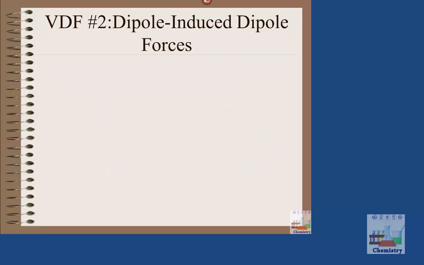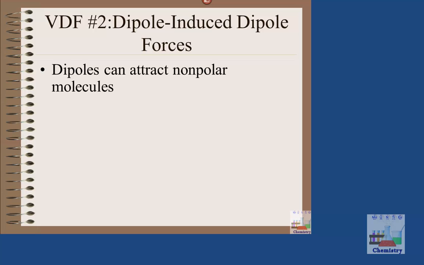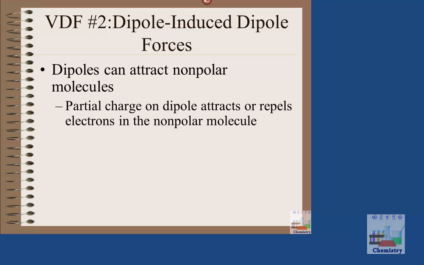The second van der Waals weak force is referred to as dipole-induced dipole forces. And what occurs here is your permanent dipole is able to attract nonpolar molecules. The way this occurs is, again, think in terms of what happens when you have like charges close to one another. You get repulsion.